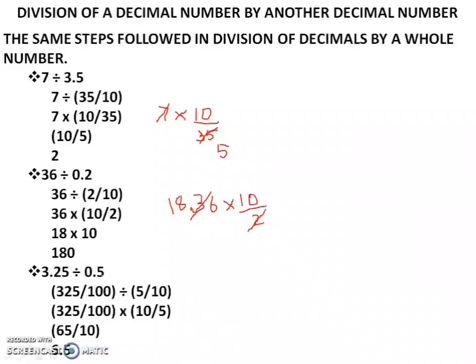Here only 1 decimal place, so 10. So next what is the step? 325 by 100 into the reciprocal of 5 by 10. What is the reciprocal of 5 by 10? It is 10 by 5.